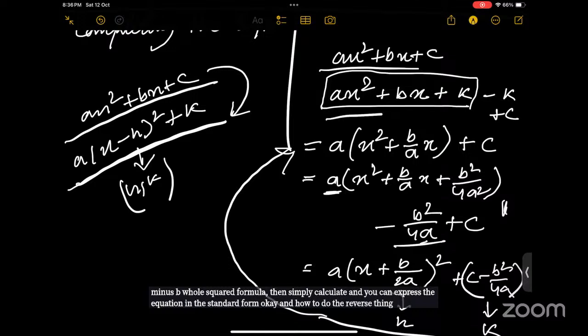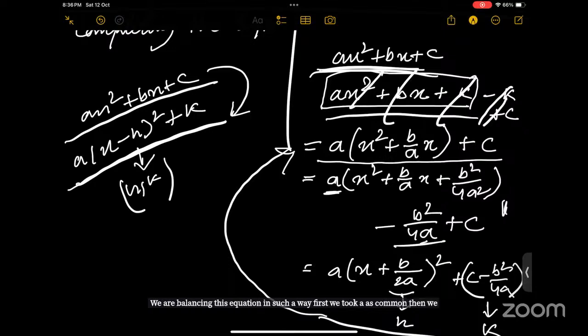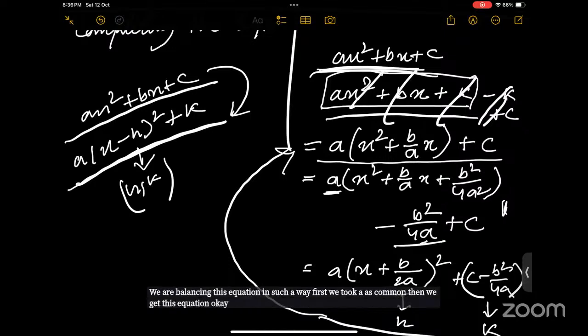If we have this equation, avoid this line, we are balancing this equation in such a way. First we took a as common, then we get this equation. Then we can express b over a as 2 into b over 2a.